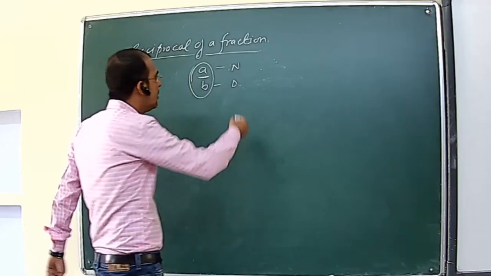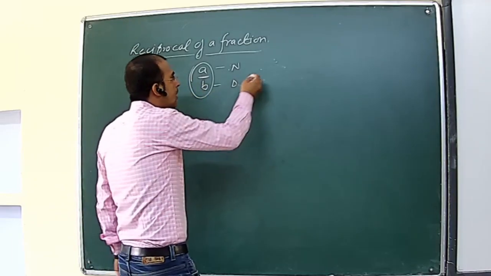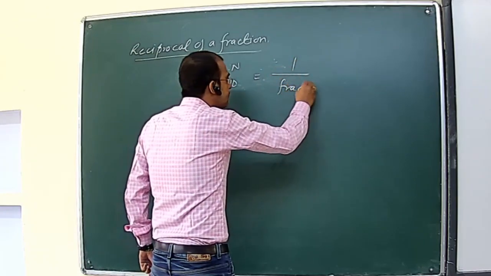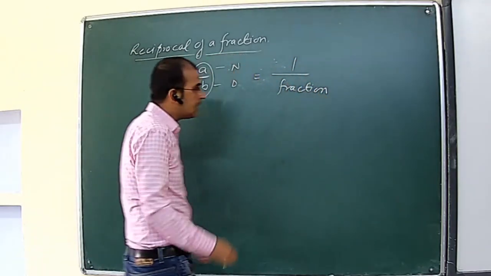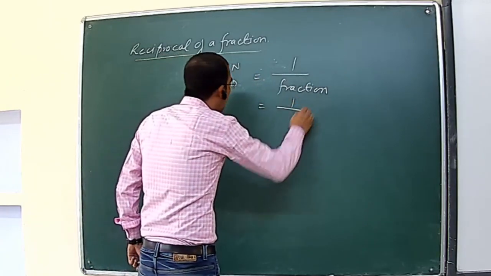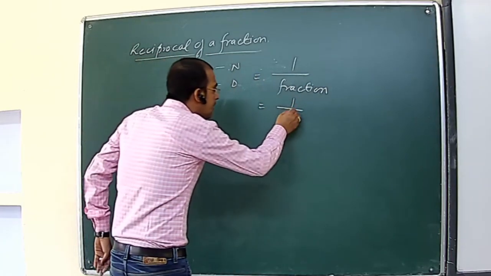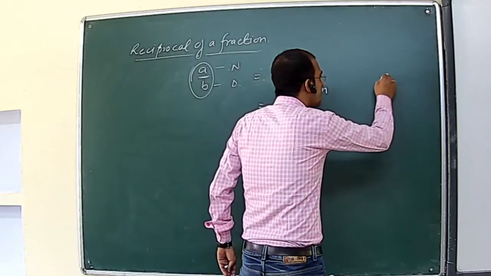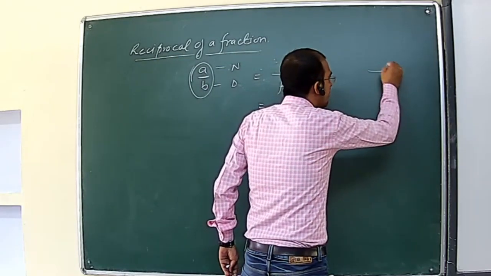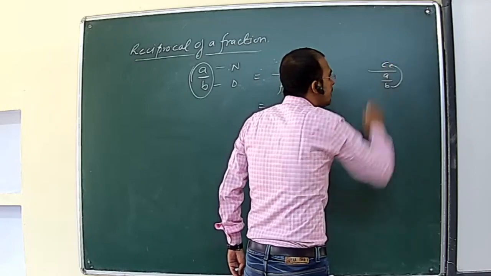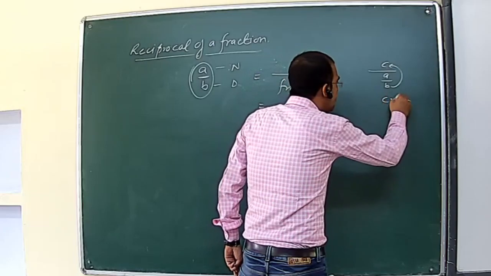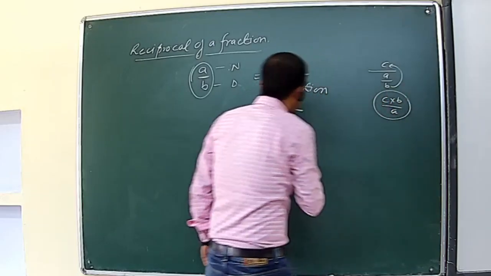We can write the reciprocal of a fraction A by B as 1 upon the fraction, that is, 1 upon A by B. In algebra we know that A by B divided by C is written with the divisor multiplied, so we can write C into B divided by A. This rule applies here also.